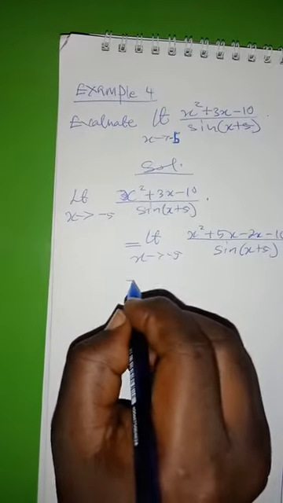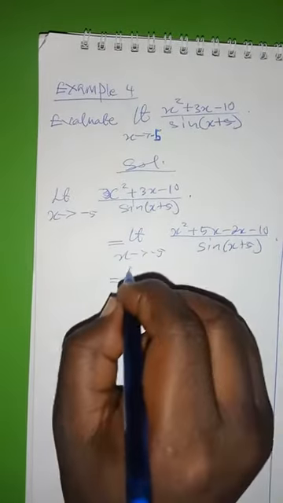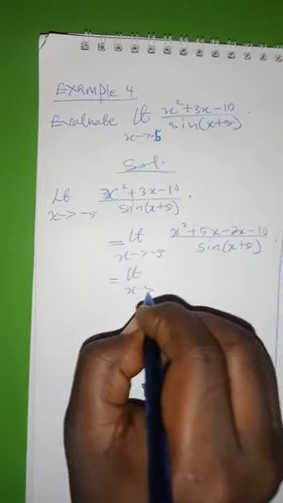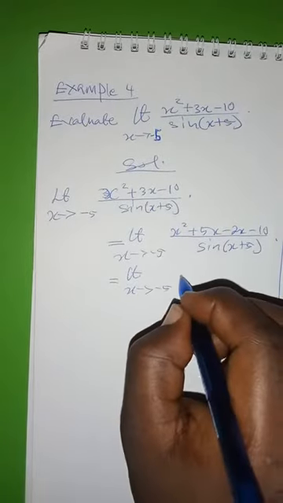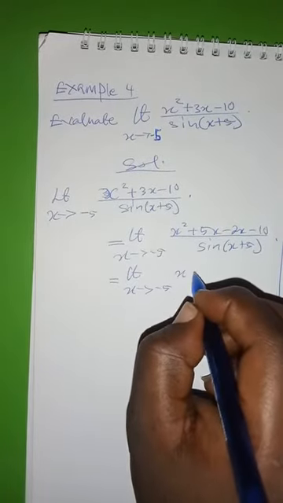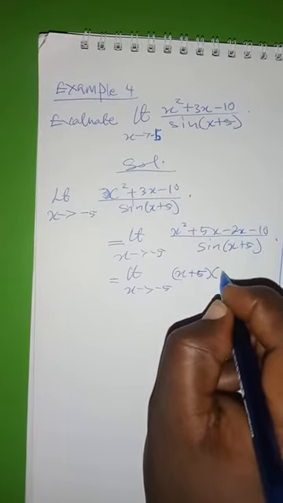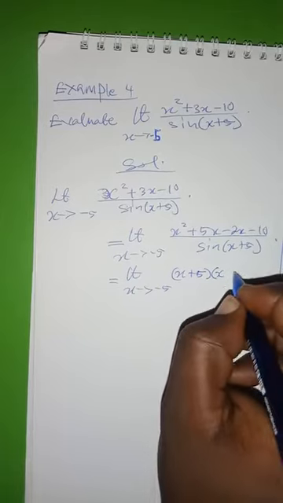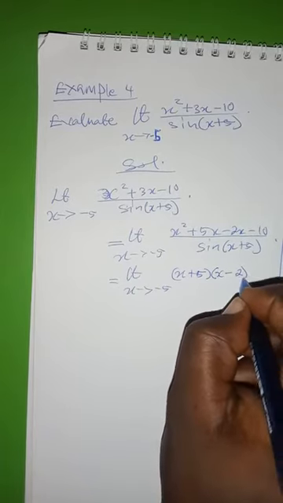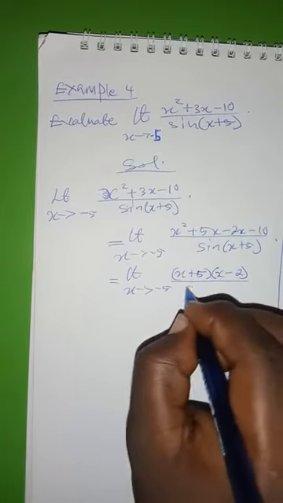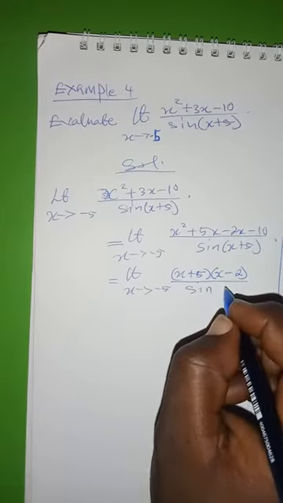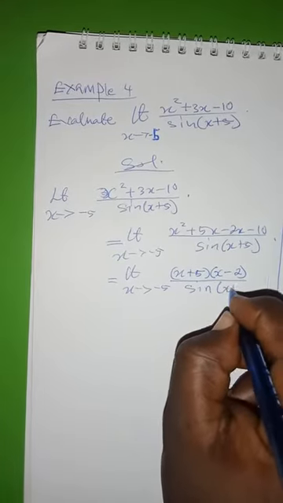Okay, this becomes limit as x tends to minus 5 of x plus 5, then x minus 2, over sine x plus 5.